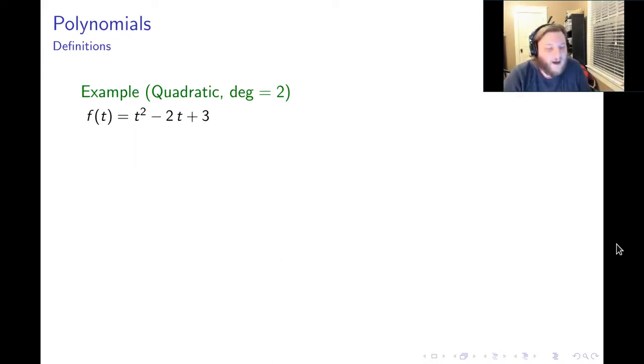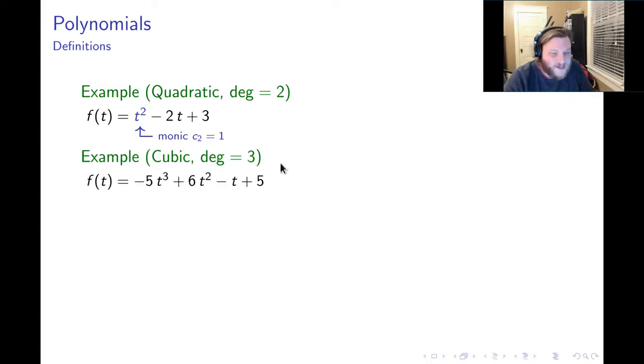So let's look at some examples. A polynomial with degree 2 is typically referred to as a quadratic polynomial. So here we have an example. This one is t squared minus 2t plus 3. So the degree here is 2 because 2 is the highest power of t in our expression for the polynomial. This polynomial happens to be monic because the coefficient of t squared equals 1 here.